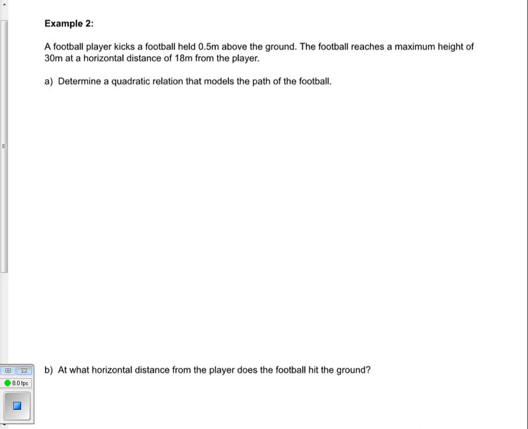So if we just quickly draw a rough sketch of what this might look like, it'll help us to get a better sense of what to label. Okay, so we know that the ball is going to start. But this here represents distance, and this part here is height.